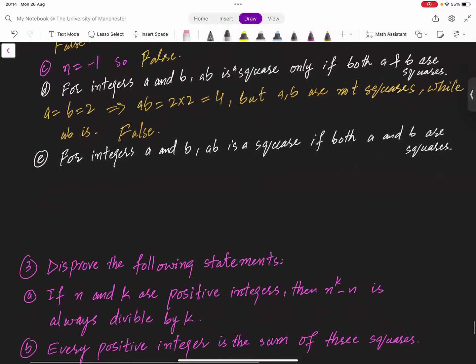If we remove the only from here and we just say if both are squares, then see how the statement will be. If A and B are squares, then let's say A is m square and B is n square with m, n integers, then AB is going to be m square n square, and you can write it as mn square, which is a square.